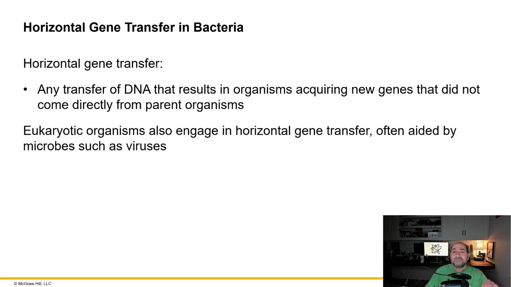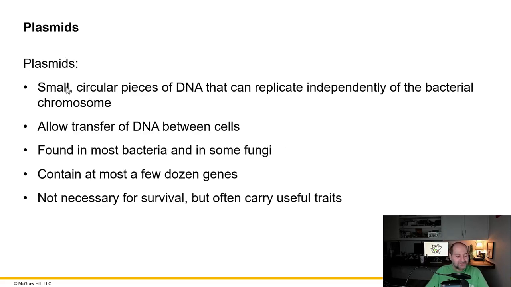Now, the sex pilus and conjugation are not the only form of horizontal gene transfer. So we're going to talk about the 3 different forms of horizontal gene transfer. And again, oftentimes it's this small circular piece of DNA called the plasmid, which is shared from one bacterium to another. These plasmids contain at most just a few dozen genes.